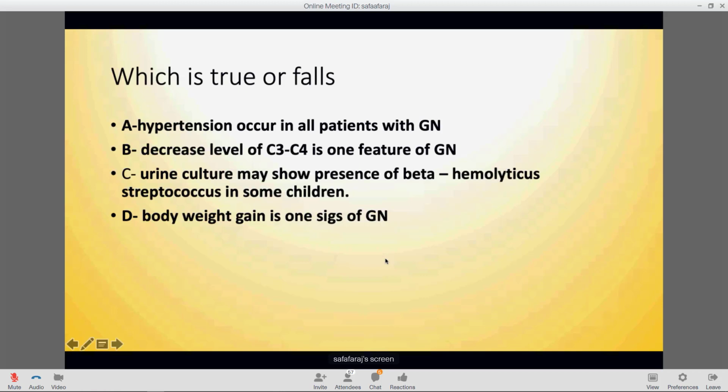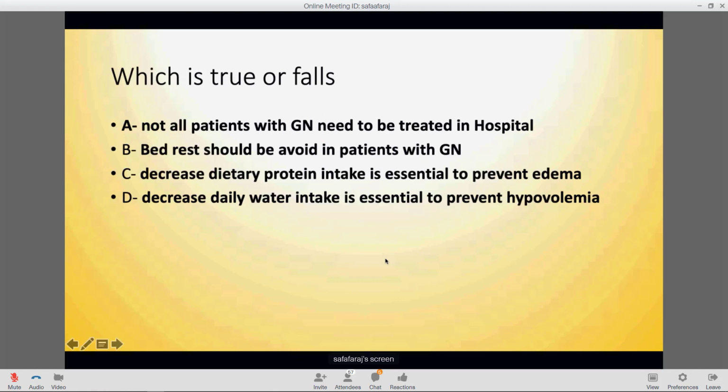Urine culture may show presence of beta-hemolytic streptococcal in some children. False, alpha-hemolytic streptococcal. Pay attention to the question, urine culture. Your colleague answered it. True, it is not urine culture, it is throat culture, you must pay attention. Okay.